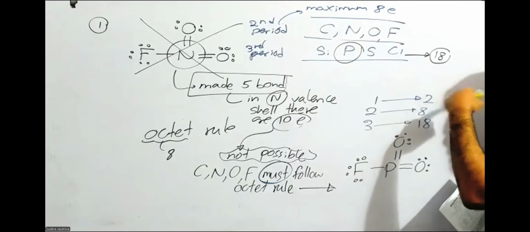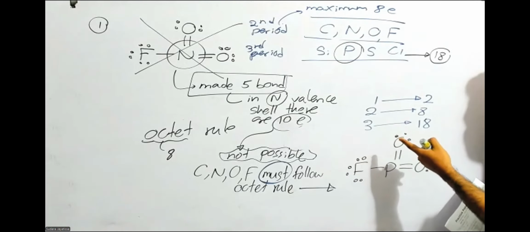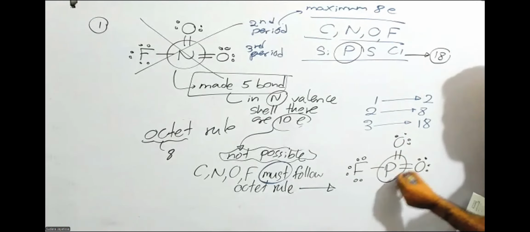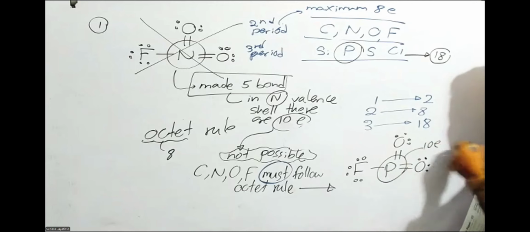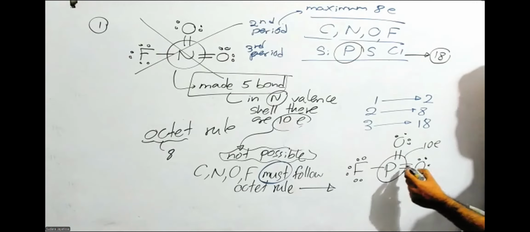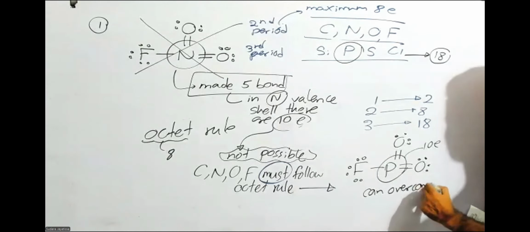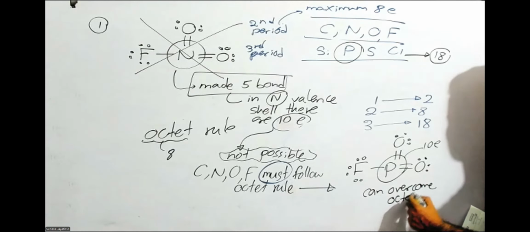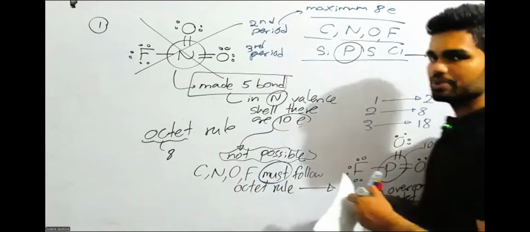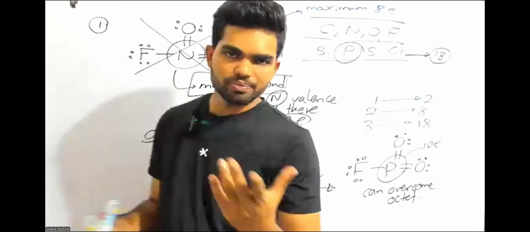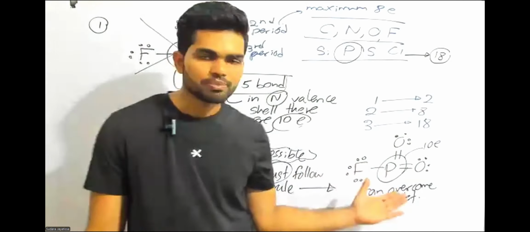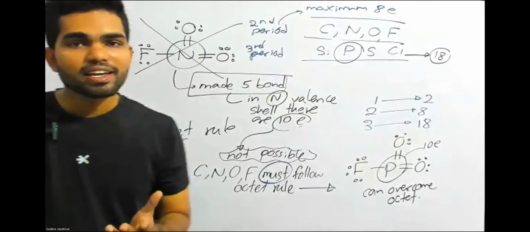That means it can keep up to 18 electrons. So keeping 10 electrons is no problem for the phosphorus. Phosphorus can overcome the octet, because it can keep more than 8 electrons.